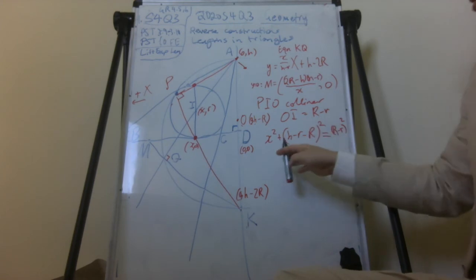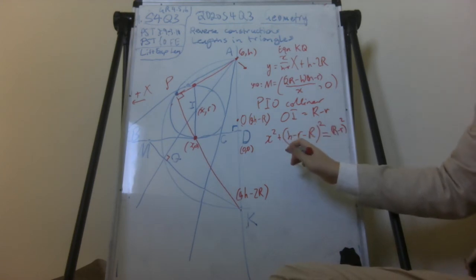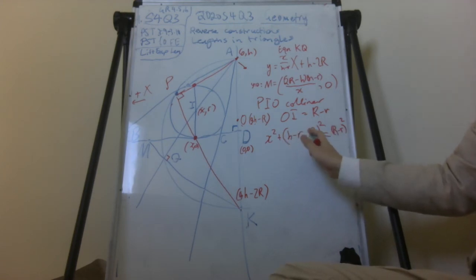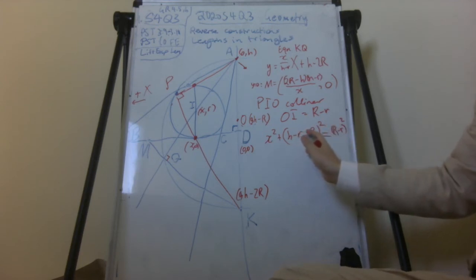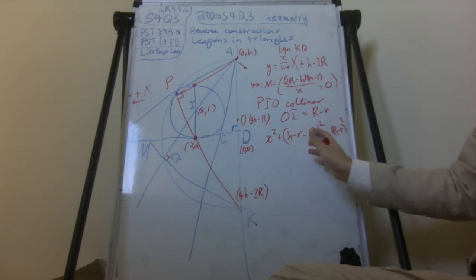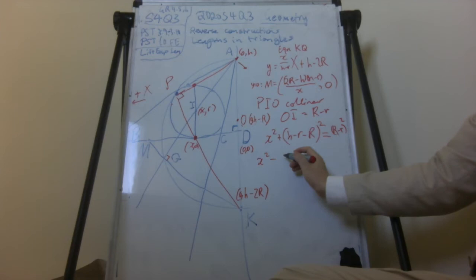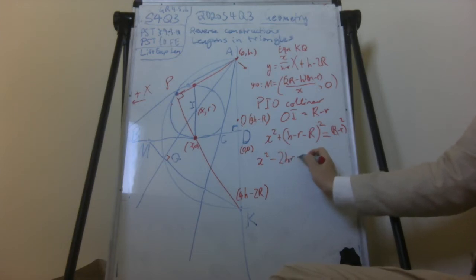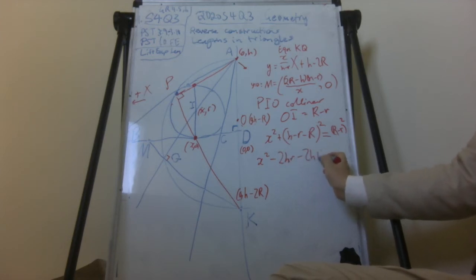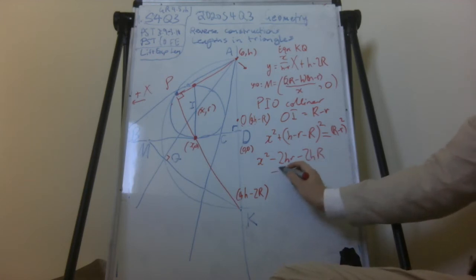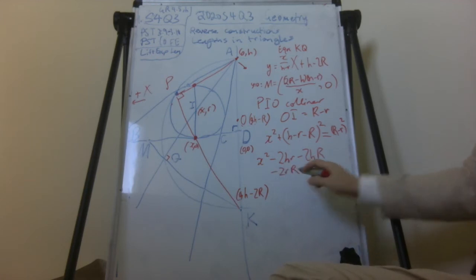So once you solve for r, what do you get? Now be careful, this doesn't cancel, right? Some of it cancels. So the squared terms cancel, right? So you've got x squared minus 2hr minus 2rr.